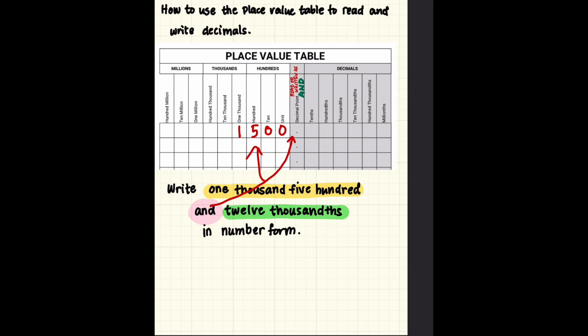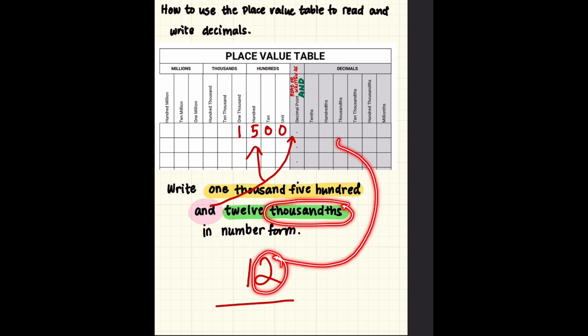How do we write the number 12? Easy. That's 12. But the place value is thousandths. So that means this digit of the number 12, the 2, needs to be in the thousandths place. Because that's the place value, thousandths. So it needs to be here.